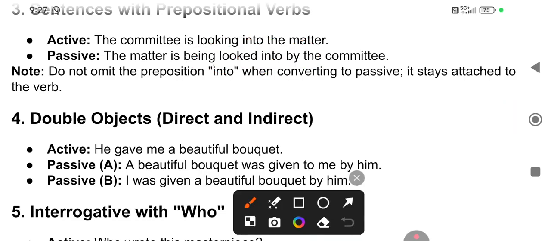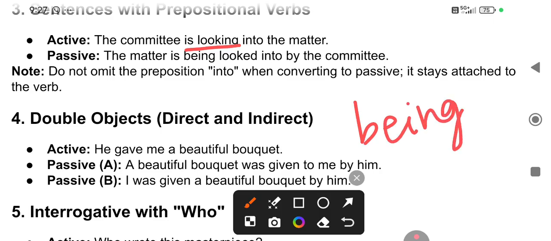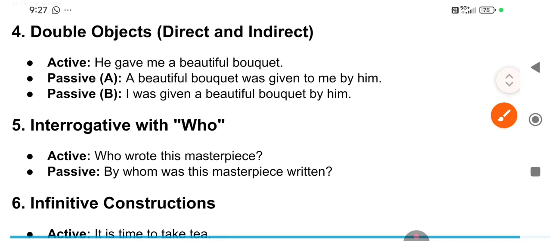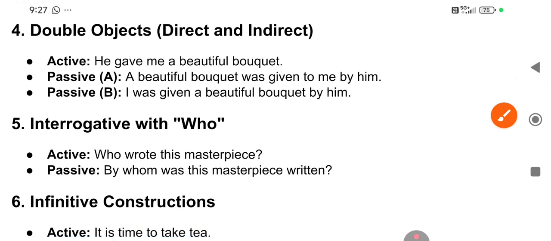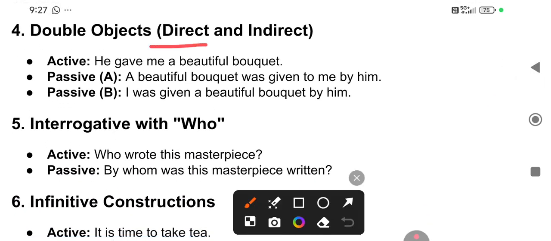I think it's very simple. The main thing is that when there is an ing form or continuous form in a sentence, you just have to pick up the ing form of the helping verb out of 8. Now the next one is double objects. Very important. Sometimes in a sentence there will be two objects.